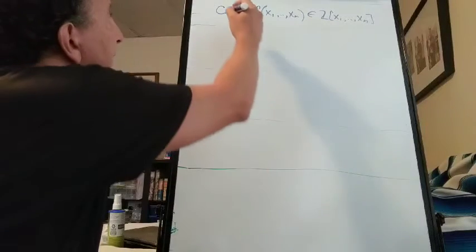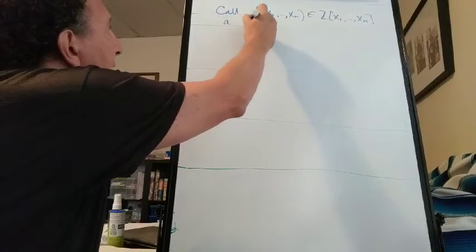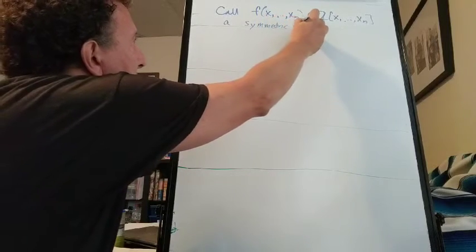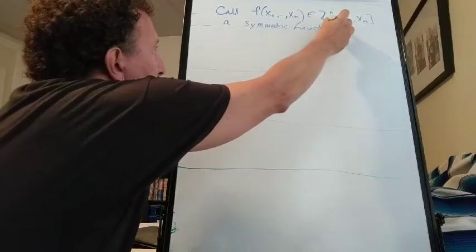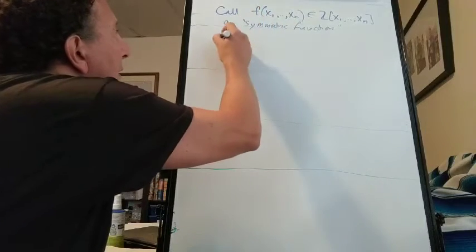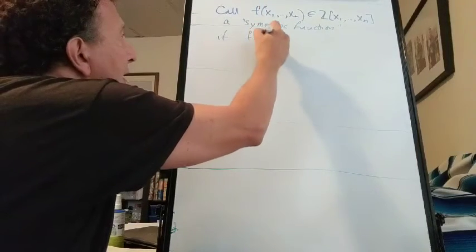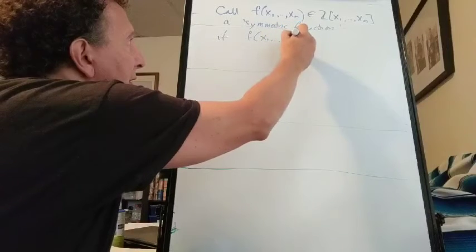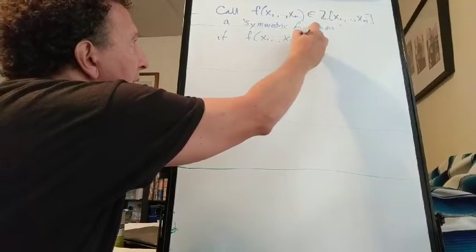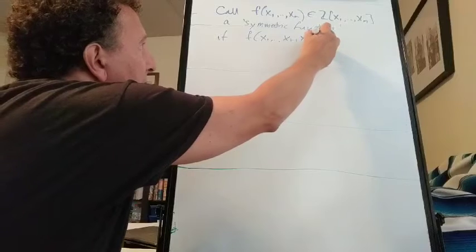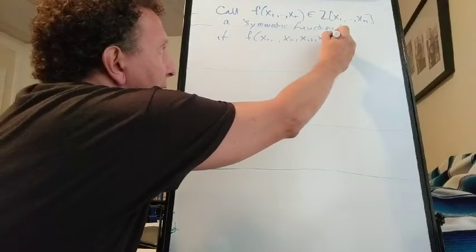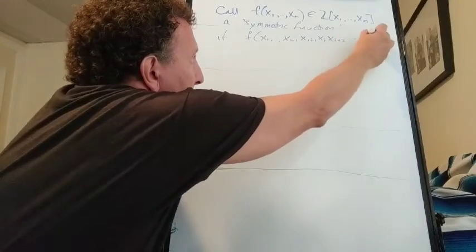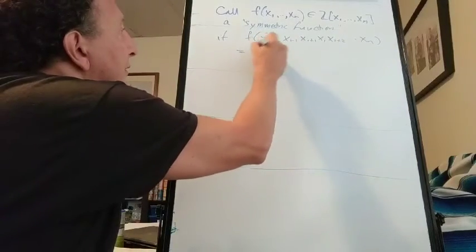Let's call that a symmetric function if swapping any two variables, so I'm writing xi and xi+1 out of order, does nothing to the polynomial.